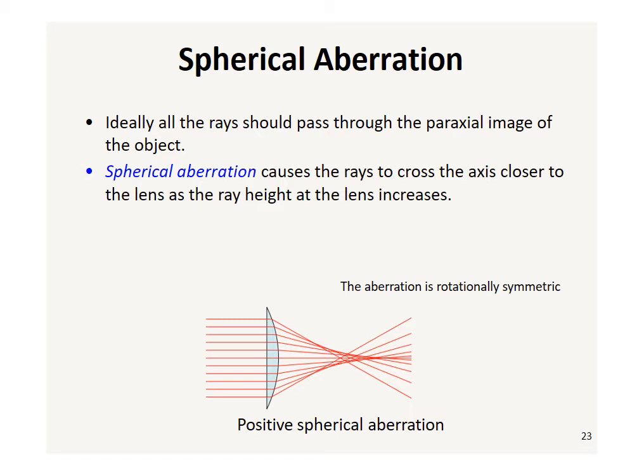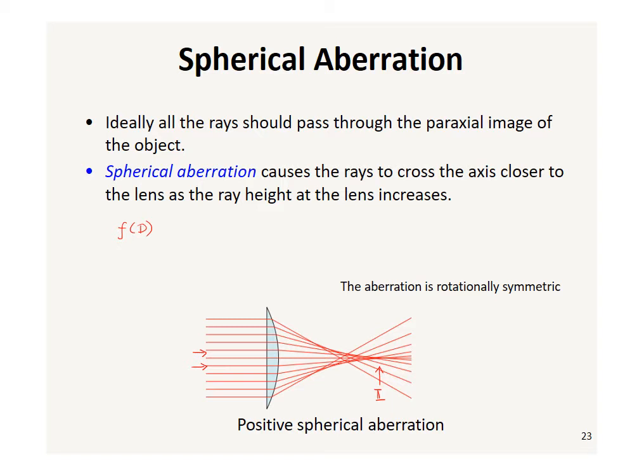Spherical aberration. It causes the image spot to blur. How does that happen? Spherical aberration can be thought of as the lens having a focal length that depends on its diameter. Rays that enter the optical system near to the optical axis will be focused at the paraxial image point or close to it.